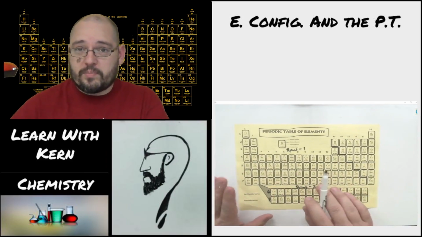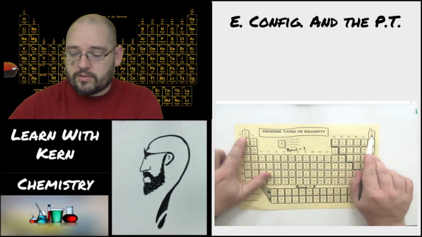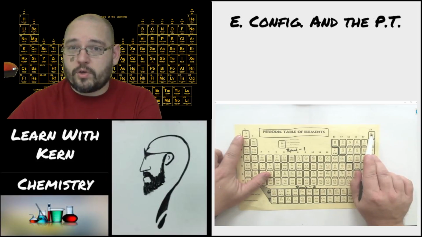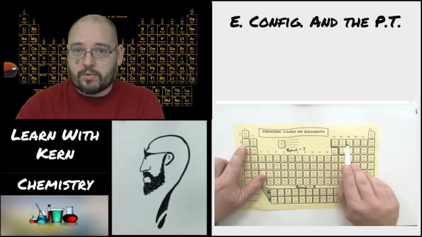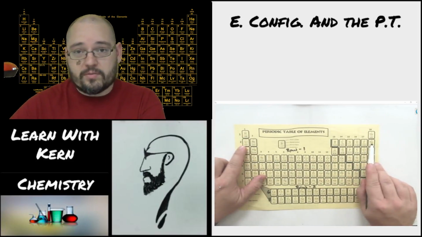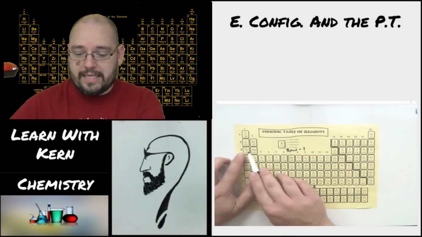And so if you think back to the Bohr model, the first energy level could only hold 2 electrons. Well, it only has an s orbital, so that's 1s2, 2 electrons. The second energy level could hold 8, if you remember, and so we've got 2 right here from the s orbital, and we have 6 right here from the p orbital. That's 8. All right. The third energy level could hold 18.